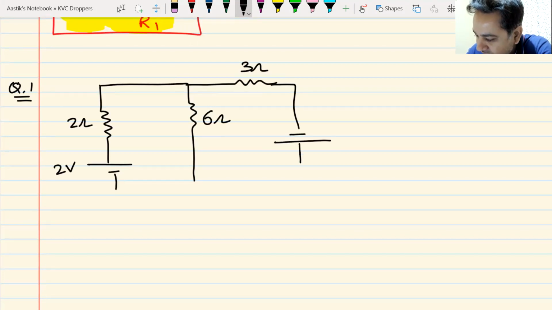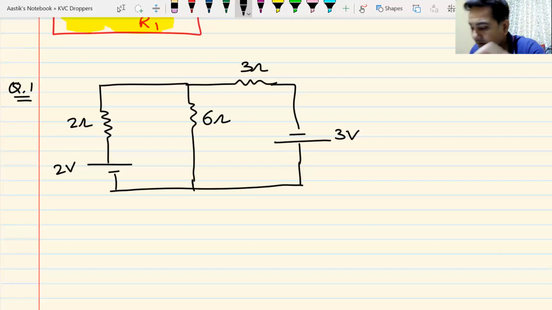I reverse the direction, this is 3 volt. Can you now tell me what the currents are in all the three branches? I'll give you a minute to solve it.